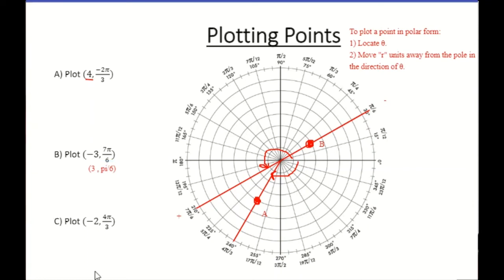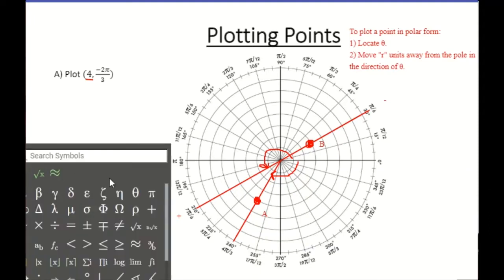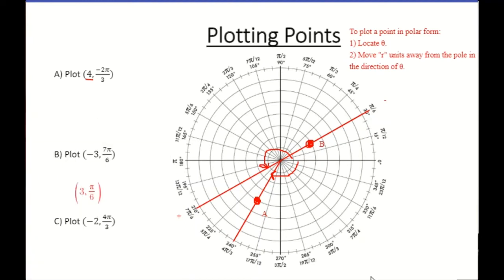So we'll do that on the next one as well, just try to find other points that are in the correct spot. There we go. 3 comma pi over 6 is in the exact same location.